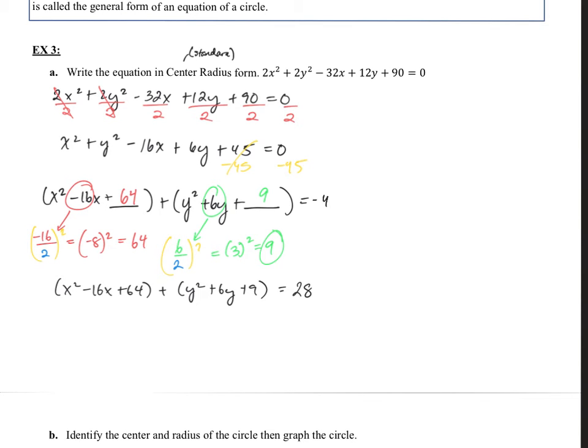So it's a -45, and then we added a 64. We added a 9. Okay. So now, remember my goal is to create something that looks like this squared, plus y minus k squared equals my r squared. I want to make 2 perfect squares. So let's factor these and see what we get.